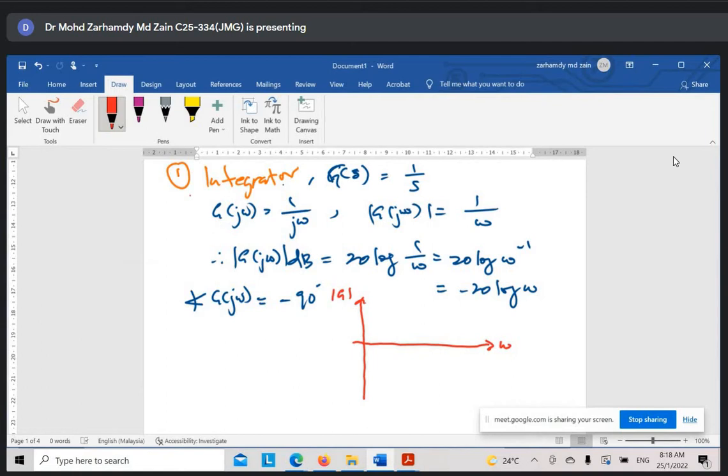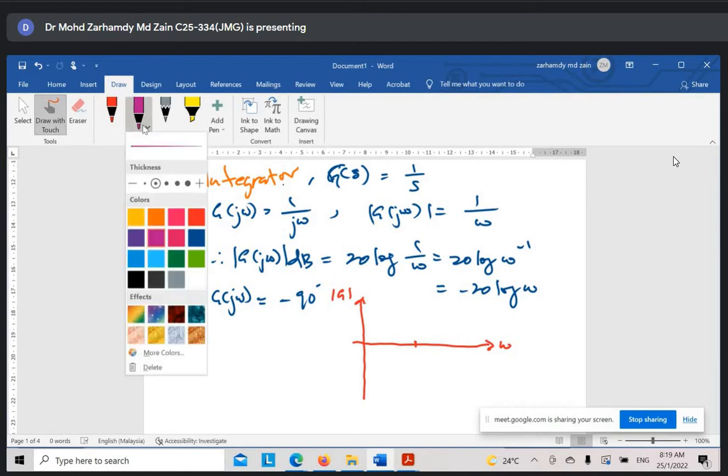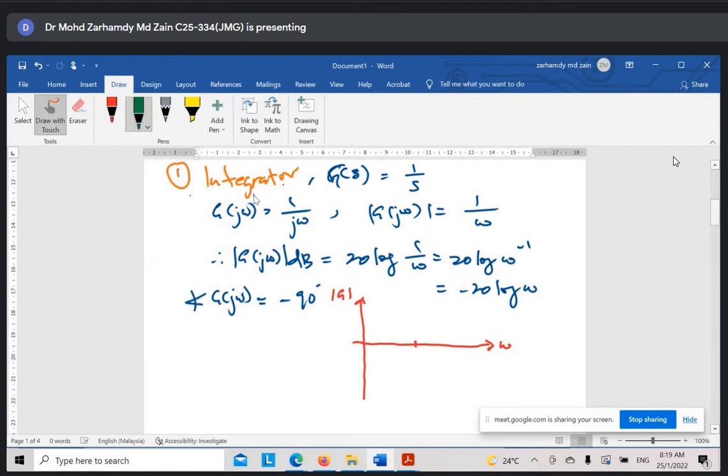But as far as we need, we should know we have two axes: one represents gain, one represents omega. For the integrator, the line in the Bode diagram needs to intersect at 1, starting from 0.